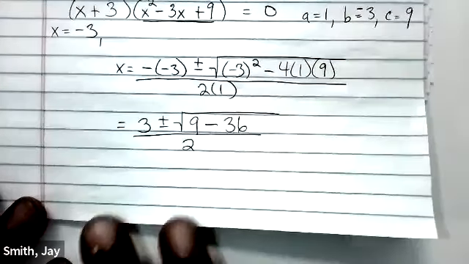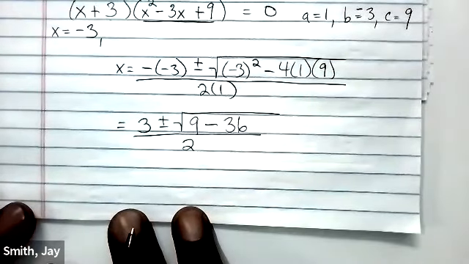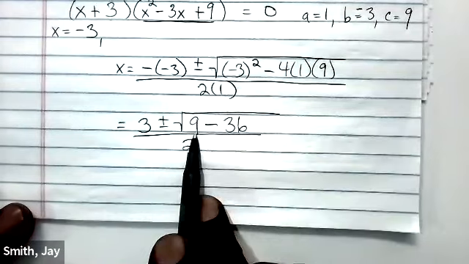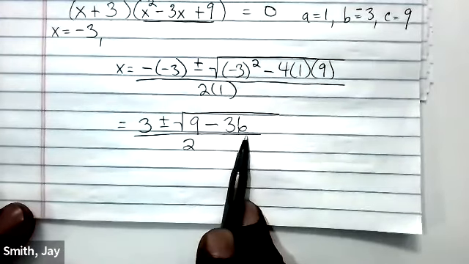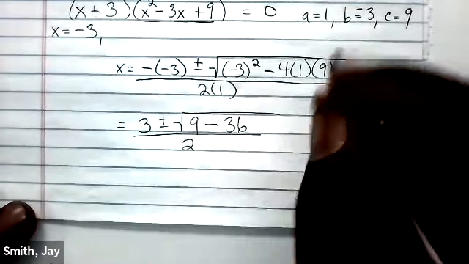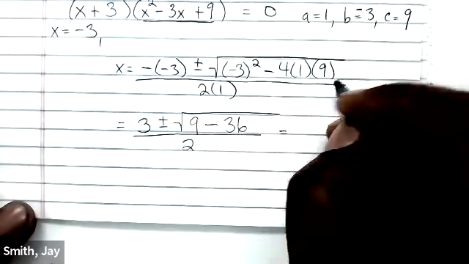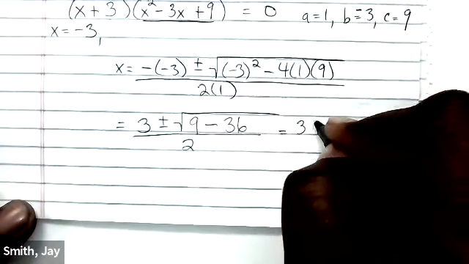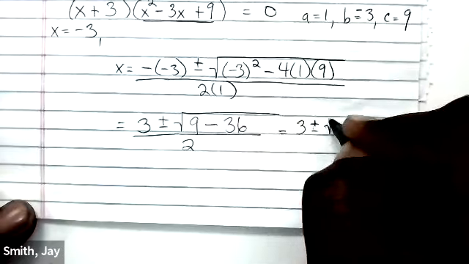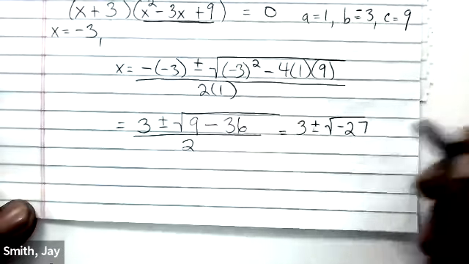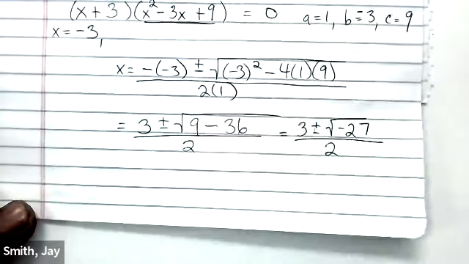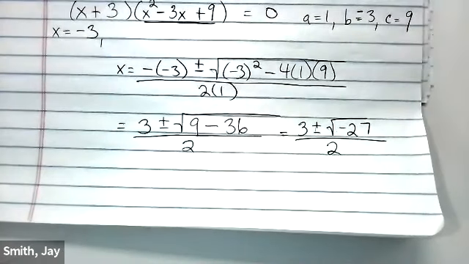All this is being divided by 2. 9 minus 36 gives me a negative 27. So now we have 3 plus and minus the square root of negative 27 over 2.